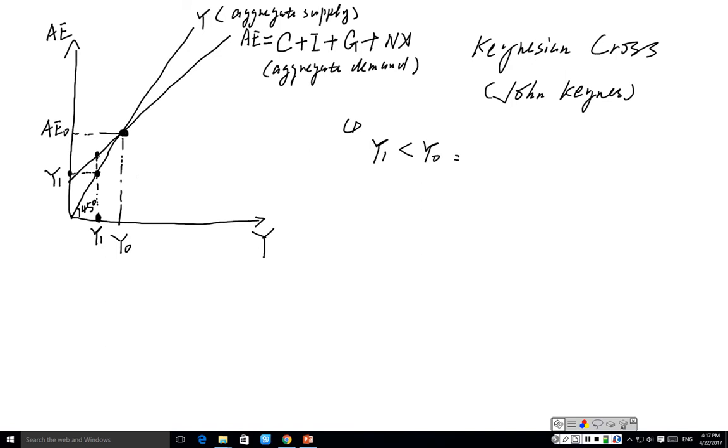This vertical line also intersects the aggregate expenditure curve. So this tells you the aggregate expenditure under Y1. Let's assume this is AE1. So if Y1 is smaller than Y0, when the output is smaller than the equilibrium output, we can see clearly from the graph that Y1 is smaller than AE1.